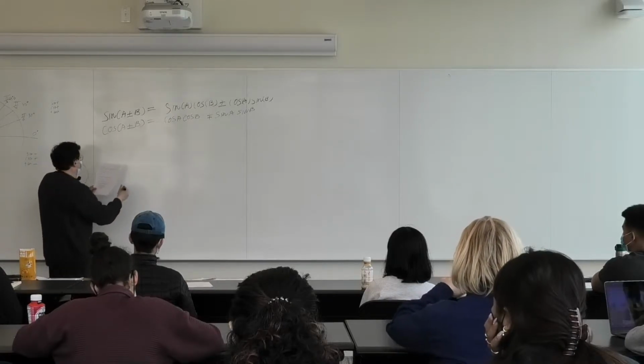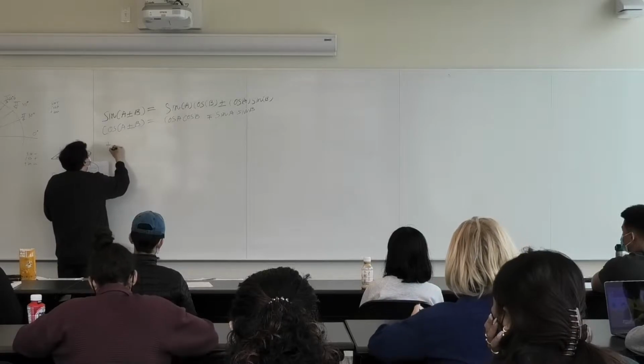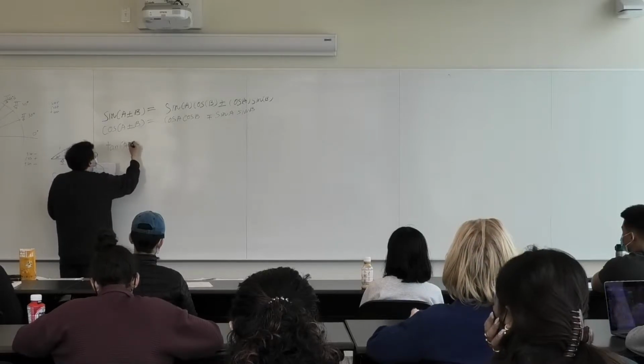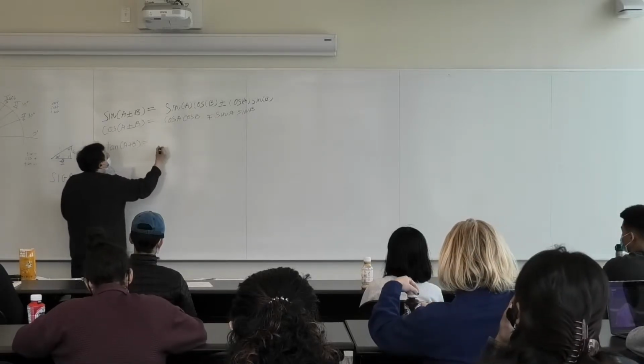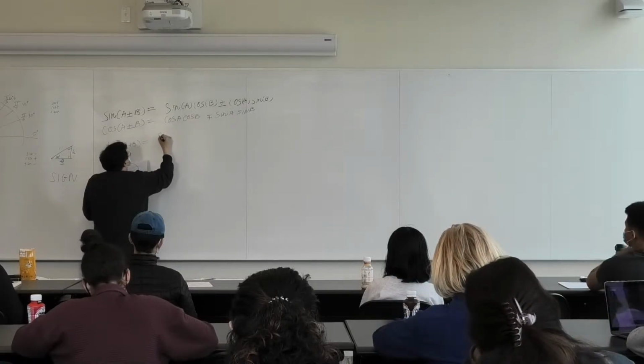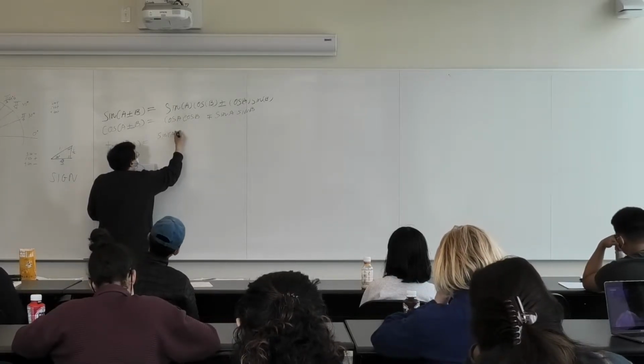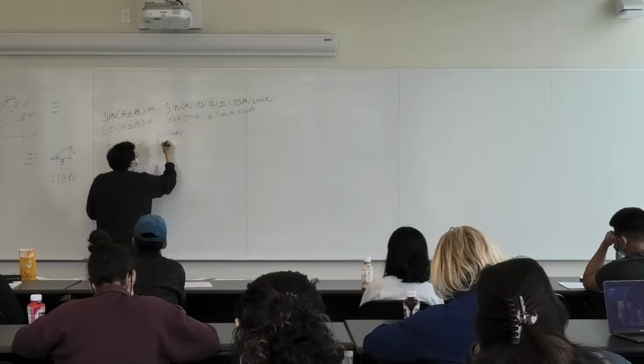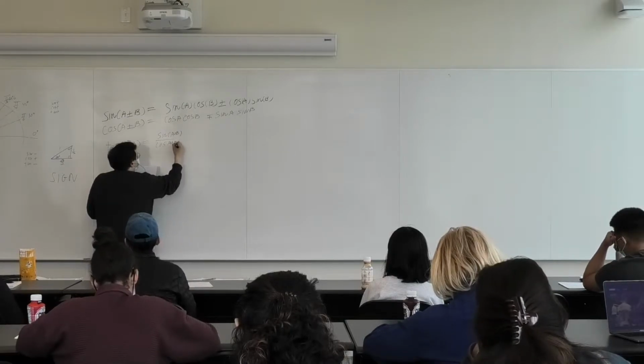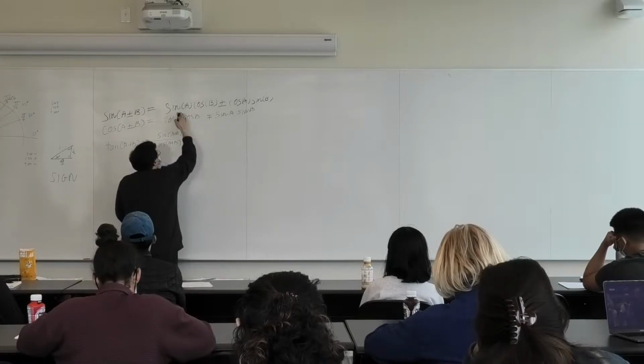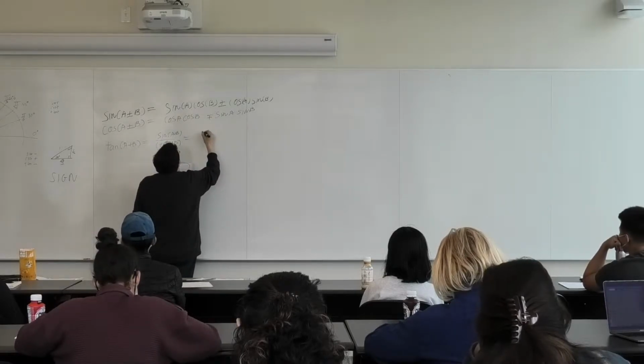For example, tangent of A plus B, well, that's going to be sine of A plus B over cosine of A plus B. So we have to write all this stuff out here.